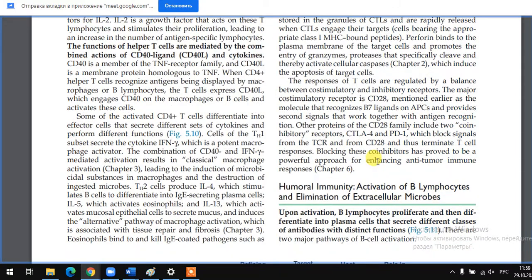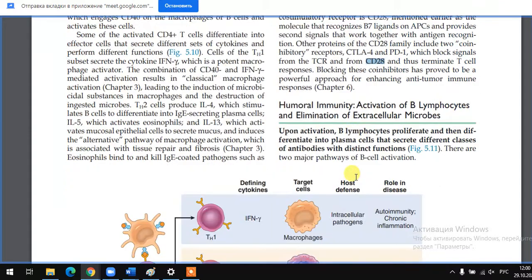CD8 positive cells can destroy these tumor cells with the attachment with CD28. But without this attachment, they survive, and that might cause malignancy. So some malignant tumors avoid this attachment with CD28, and they survive. Later, in the next chapter, we'll discuss malignancy and all the types of tumor, all the neoplasia we have.